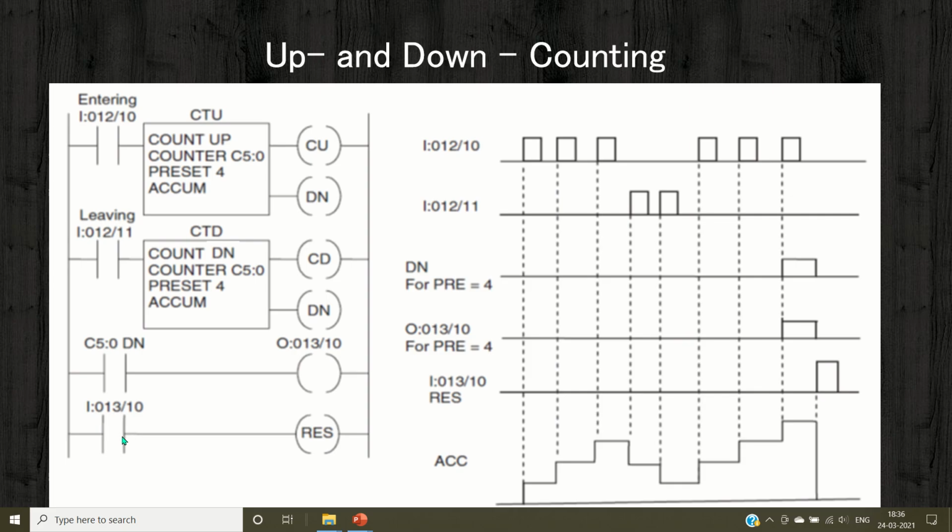So whenever this particular contact is activated, that means it changes from NO to NC, this reset input is activated and your accumulator will come to 0. Now you can see here, once the done bit is over, this reset is activated and your accumulator has come back to 0. So this is all about the counting application, and I finally officially declare that the timer and counter unit is over.